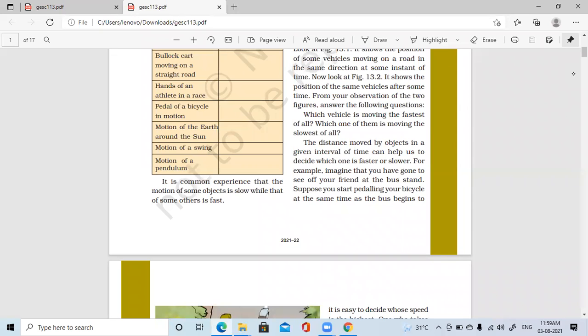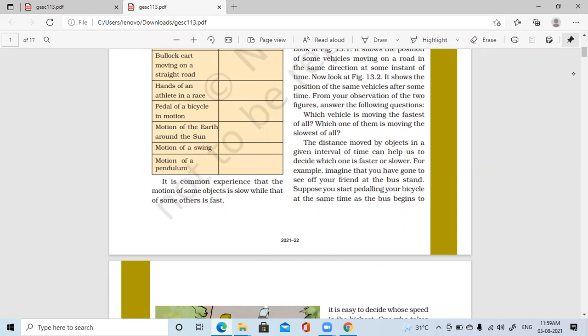Suppose from your home to school, the distance is 10 kilometers. When you go by bus, you start your journey in the summers at 6:45 and reach school at 7:20. And if your father, your elder brother or sister, or your mom is going to drop you, then you start your journey at 6:45 and you reach school at 7:05.